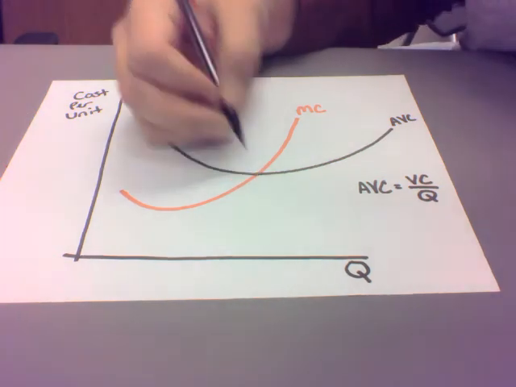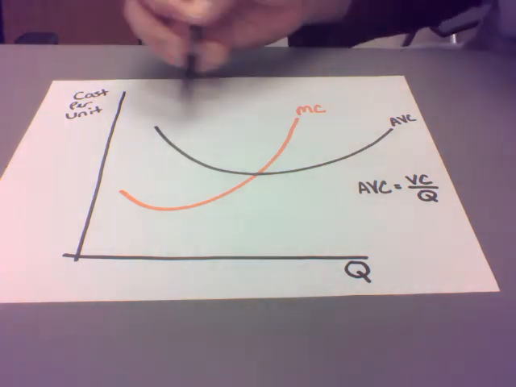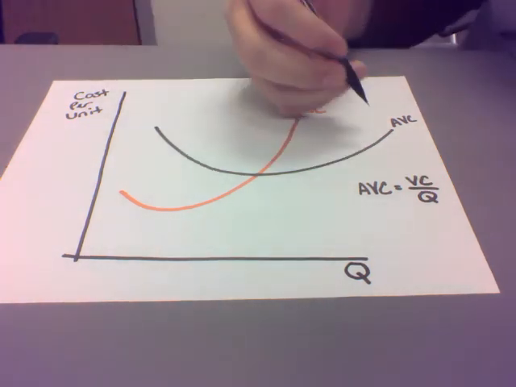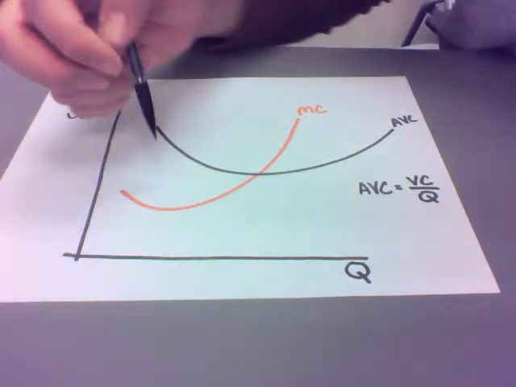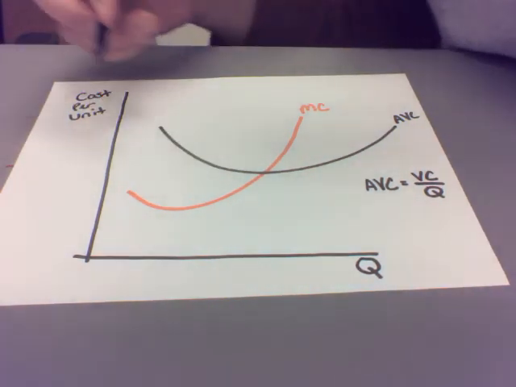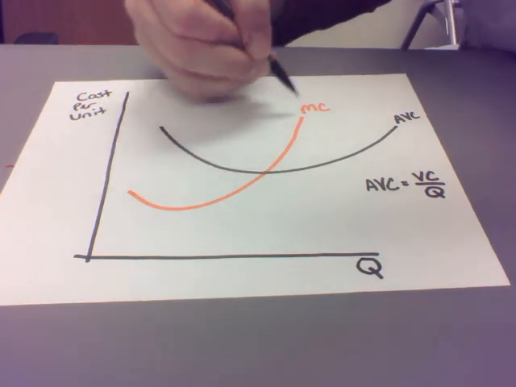The peak of the average product curve was found where it intersected the marginal product curve. And so we can have a similar discussion for why the minimum of this average cost curve can be found where it intersects the marginal cost curve.